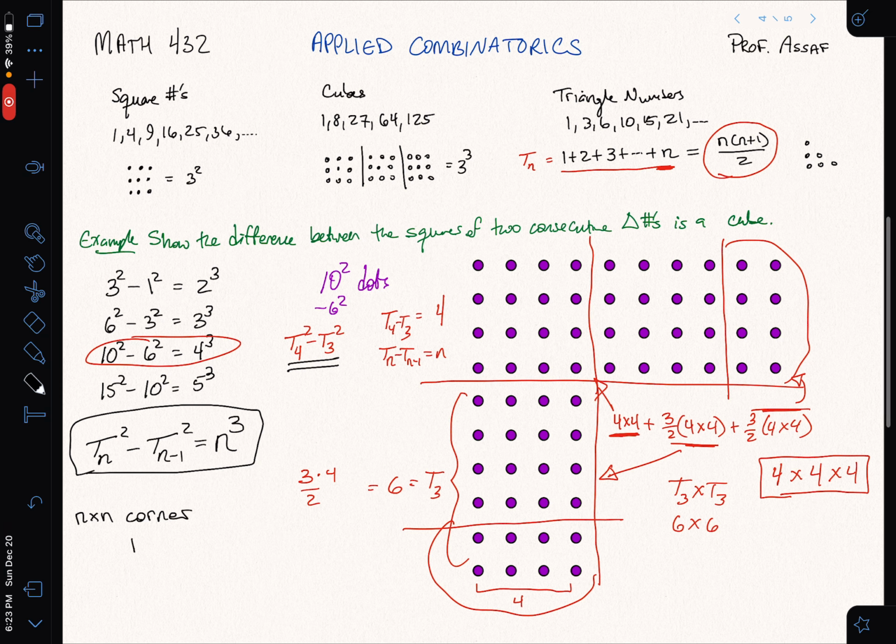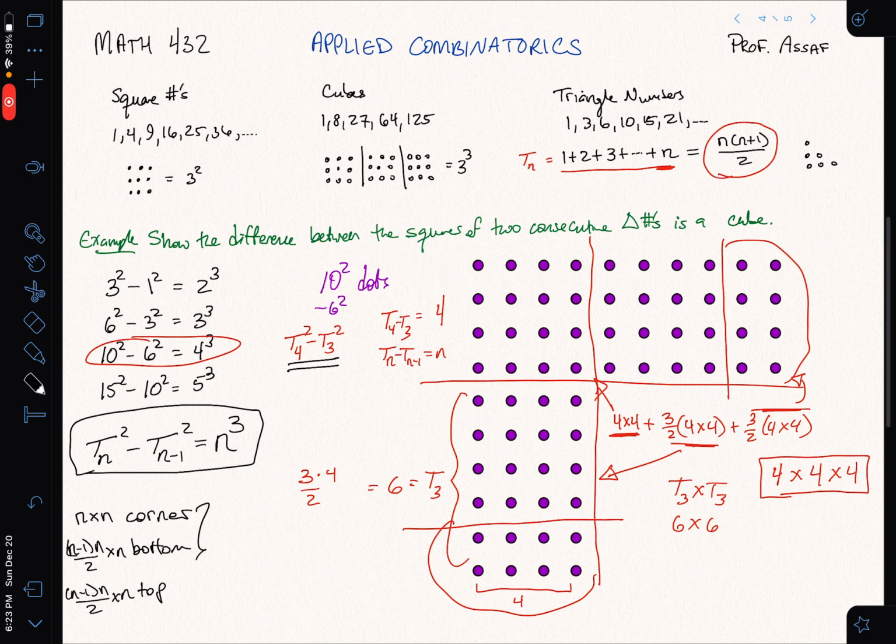And then I'm going to get a bottom piece that is going to be n minus 1 over 2 by n. And I'm going to get a top piece that's n minus 1 over 2 by n.